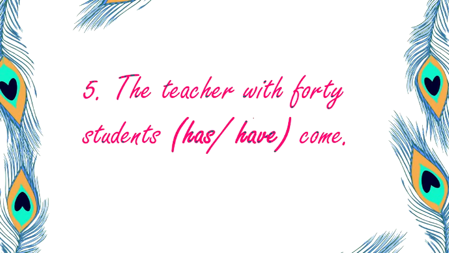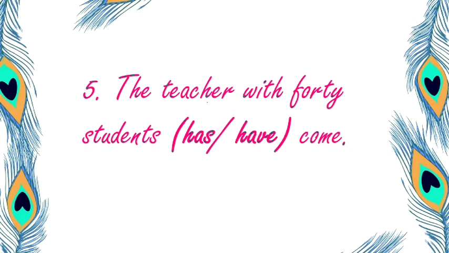Next we have the teacher with 40 students has come or have come. Now dear children, when we have the subject joined with the word with, okay, like here. So what will happen? Just recall. Yes, the teacher with 40 students has come. Why? Because when we join it with with, we take the first subject as our main subject.